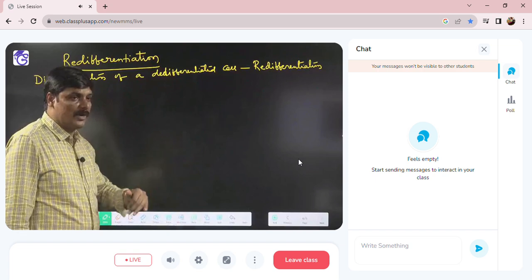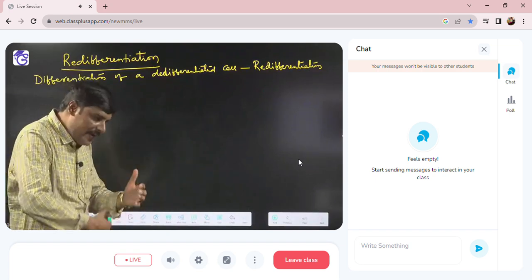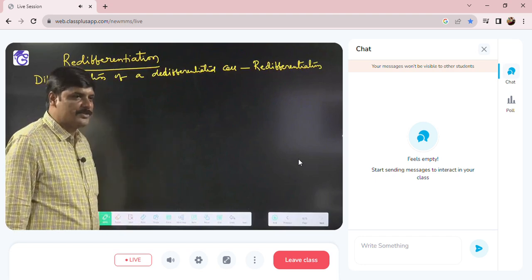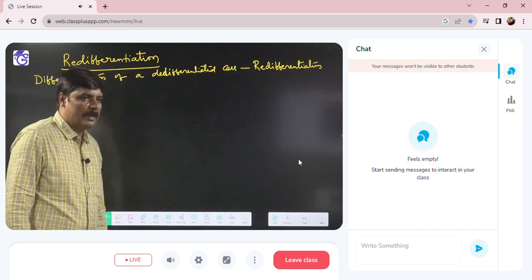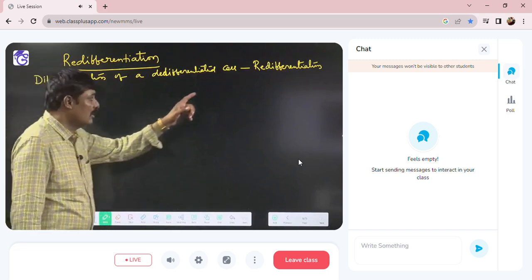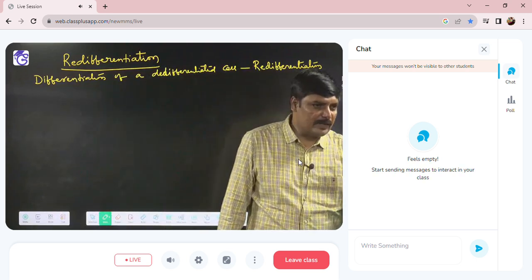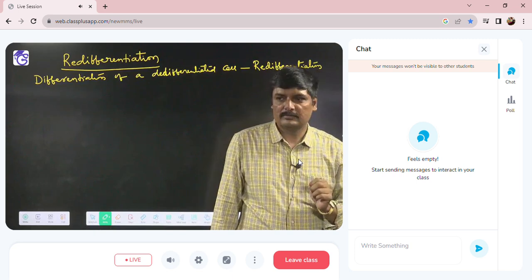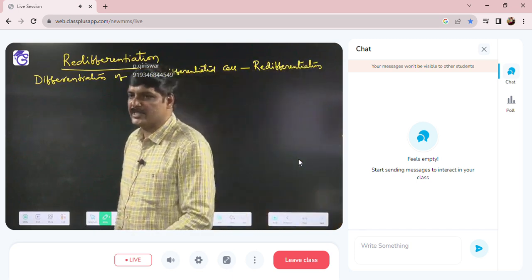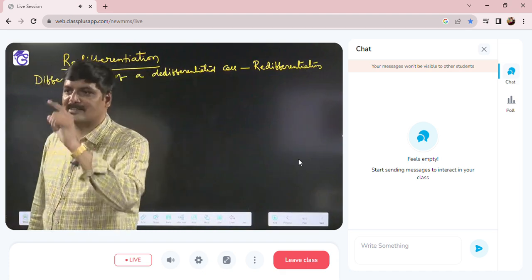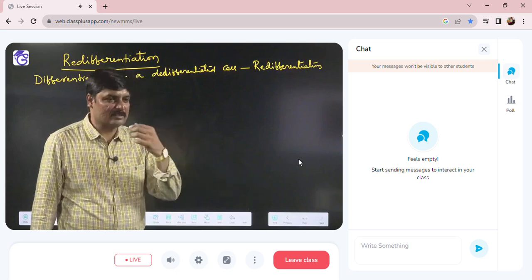Already that is formed by dedifferentiation process. Now again it differentiates and forms a permanent cell. This is called redifferentiation. So product of differentiation: permanent cells. Product of dedifferentiation: meristematic cells. Product of redifferentiation: permanent cells.